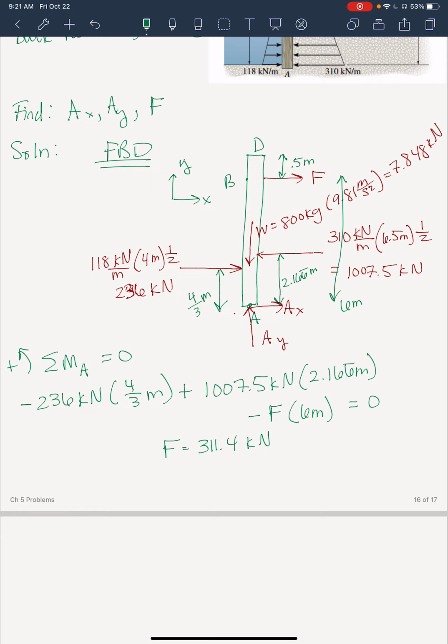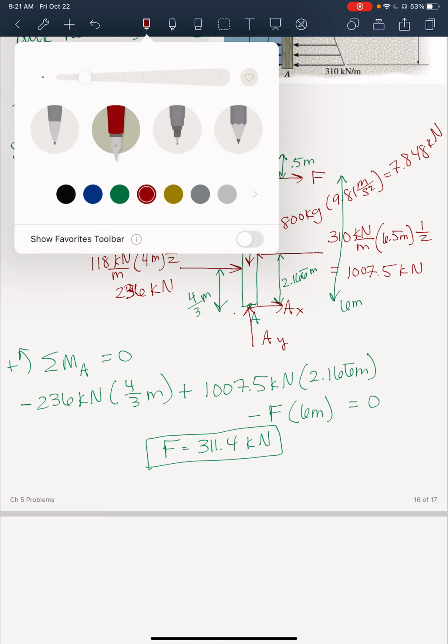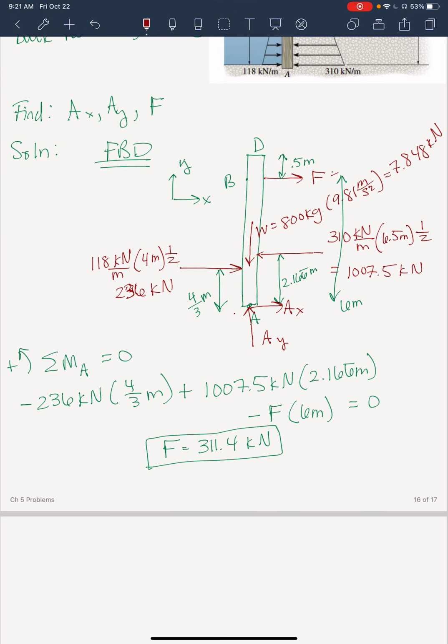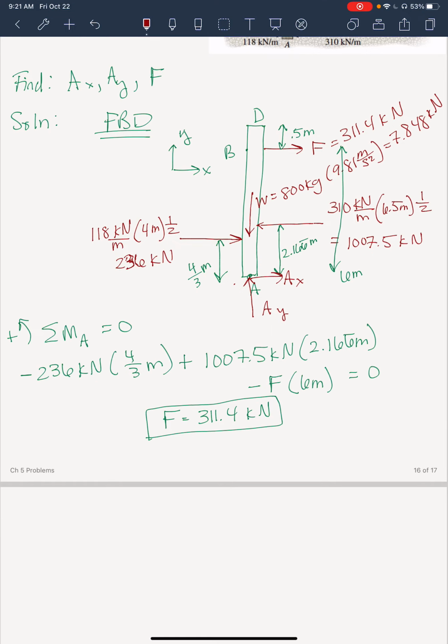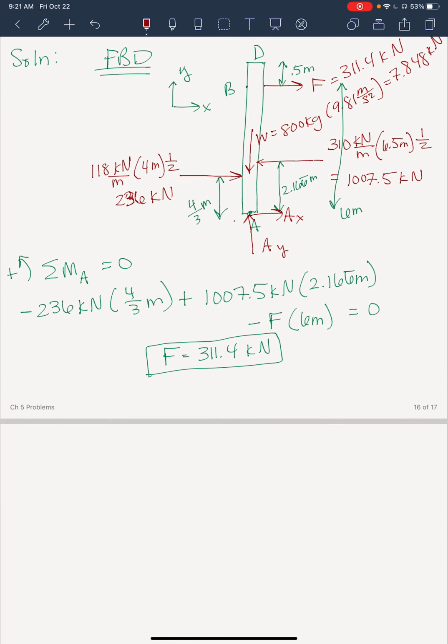So that's one of our unknowns. So I'll go ahead and box that, and maybe I'll write it up at the top too in our free body diagram. So this F equals 311.4 kilonewtons. Now we have two more equations and two more unknowns, so AX and AY. So let's start with the sum of the forces in the y direction, just because this one's going to be easy, equals 0.